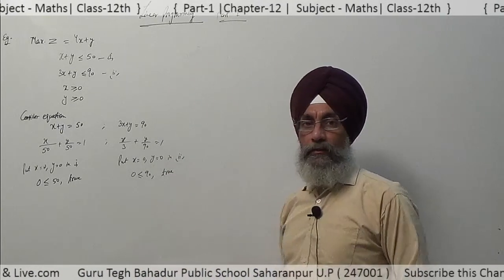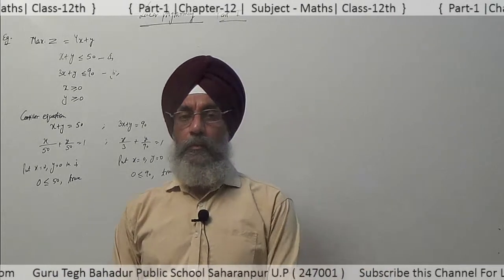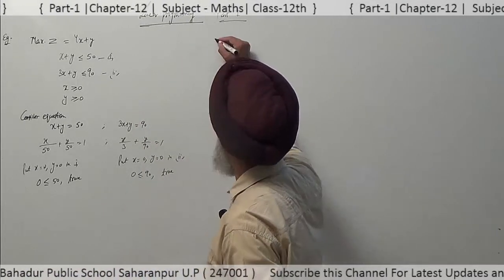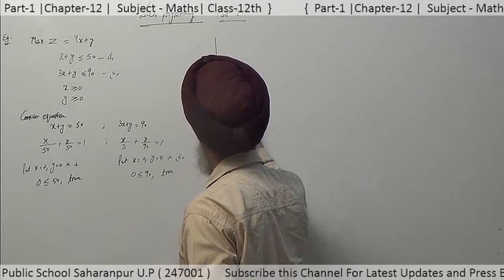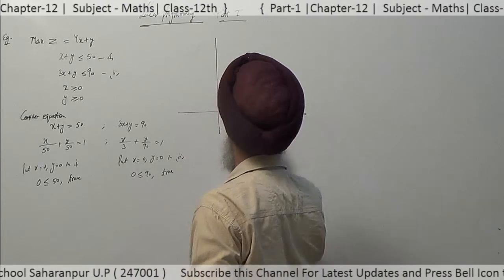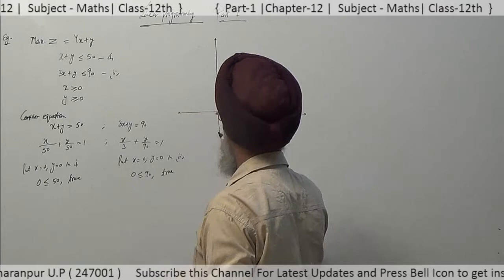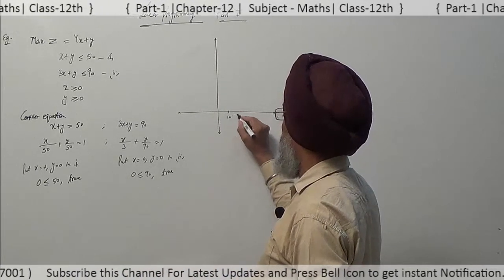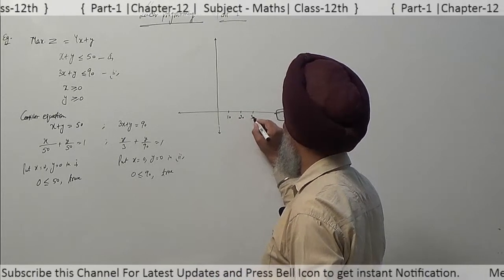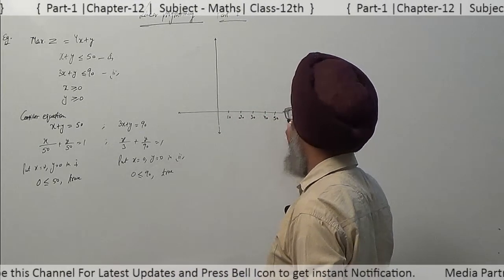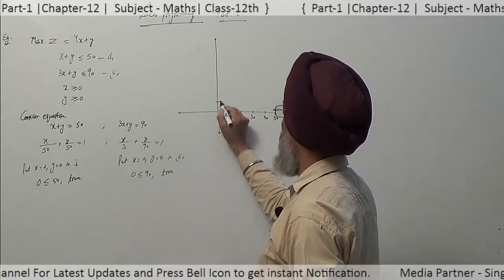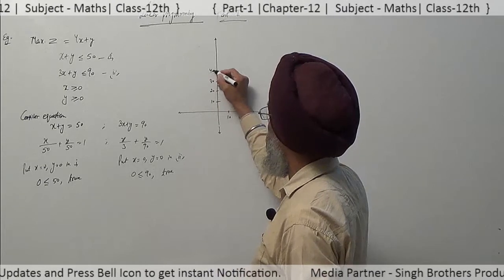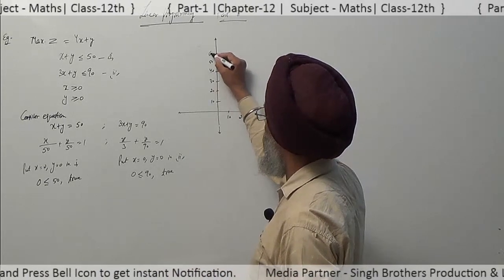Now, we have to make a graph. Use graph paper to solve it, so that you can get accurate measurements and points. I will try to make this graph on the board. This graph is rough. So, let us take the points here 10, 20, 30, 40, 50, 60 on both axes.